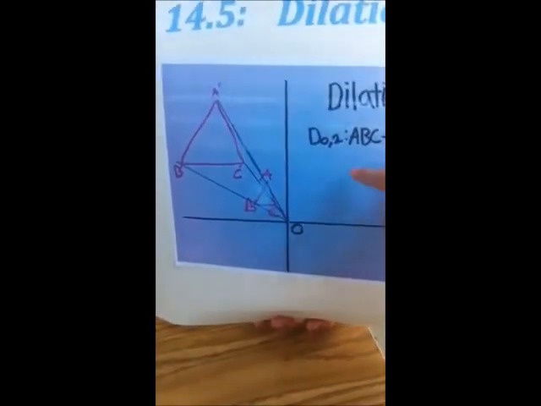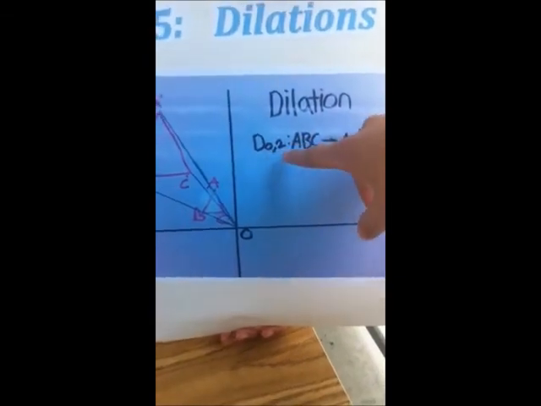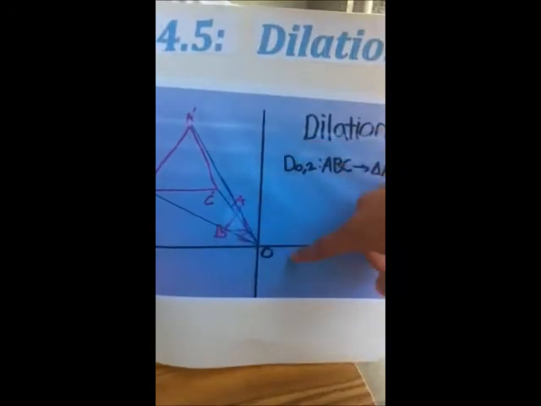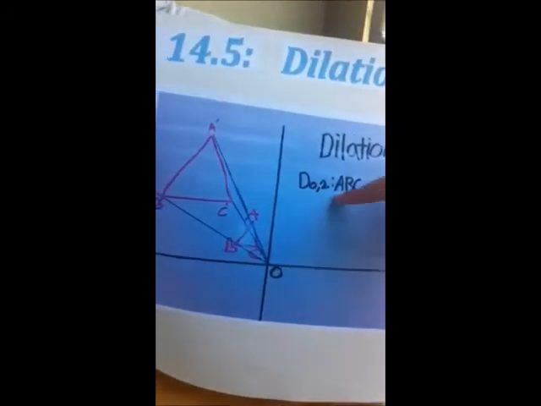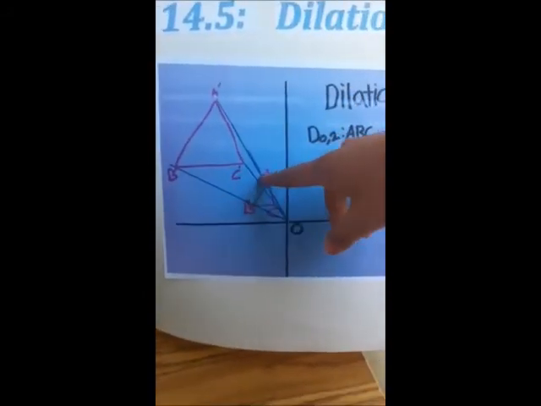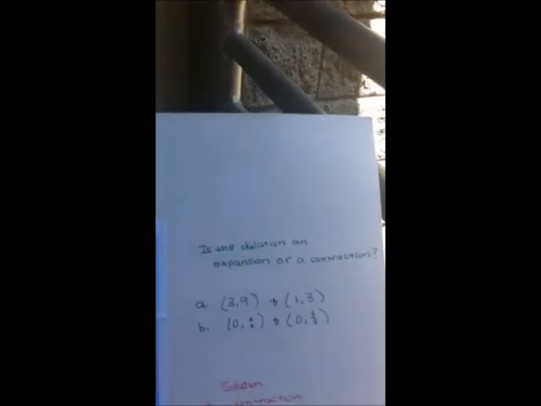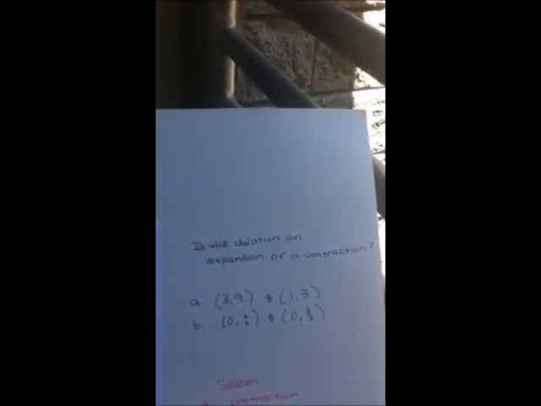Here are some examples of dilation. Triangle ABC here is getting expanded by 2 because it's dilation of point O of 2 on ABC, so it becomes A prime, B prime, and C prime. For some examples, is it a dilation and expansion or a contraction? A, 3, 9, to 1, 3.